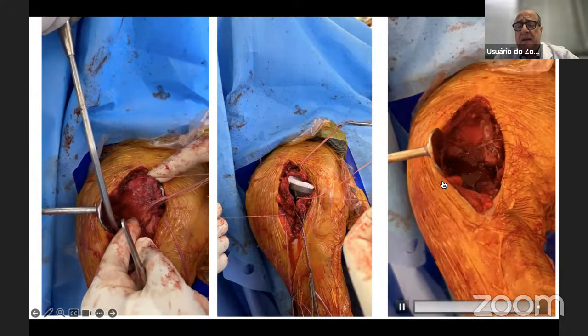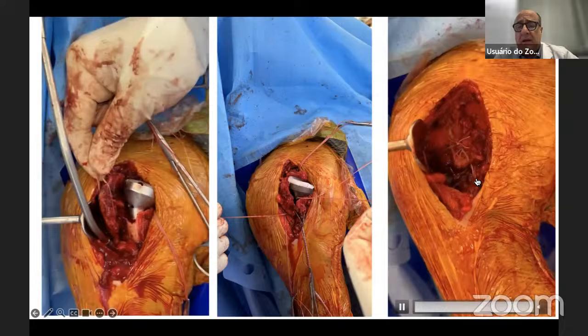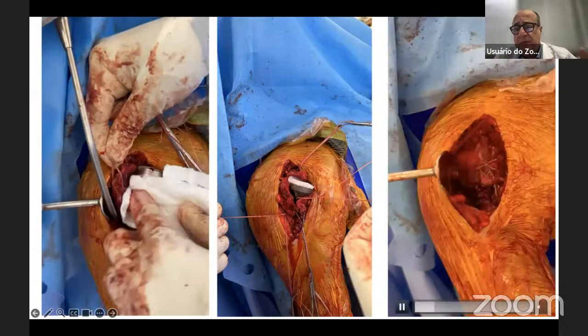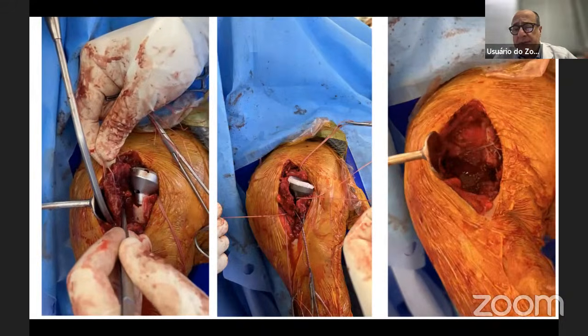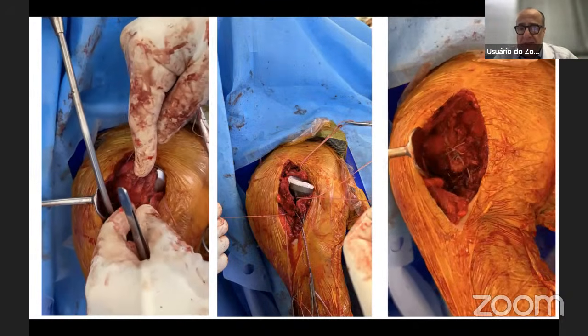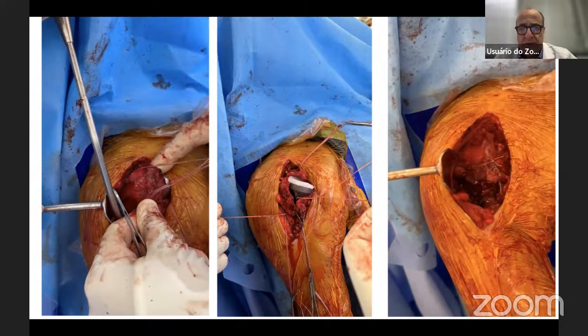We can see here that you can make all the cerclage with the tuberosities and with the prosthesis. There is an important step in this procedure that I'm going to show you now how to do.